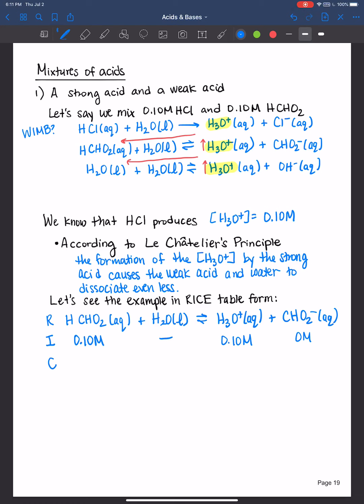Now, formic acid changes by -x over time. It's decreasing. Hydronium ions are increasing by +x, and the formate +x. So at equilibrium, we have 0.10 minus x, 0.10 plus x, and x here.